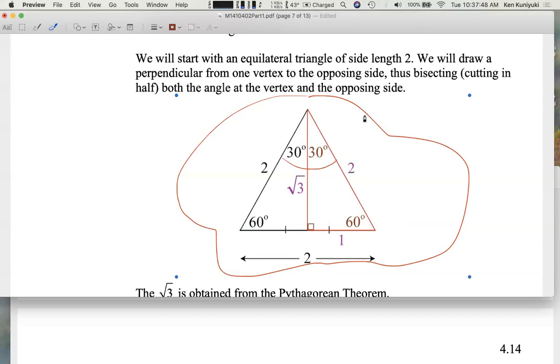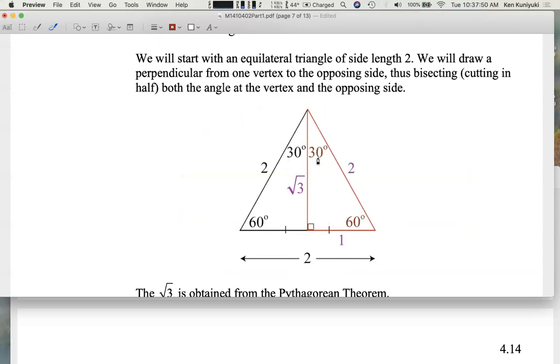Now, what we have now is a situation where we have two congruent right triangles. Let's look at the one in red here. We have here a 30, 60, 90 degree right triangle. 30 degrees here, 60 degrees here. Because there's a different angle measure, I'll use 2 arcs, and the right angle, 90 degrees over here.